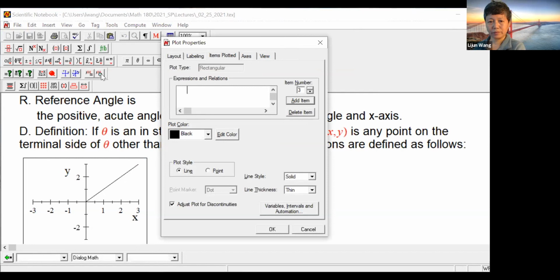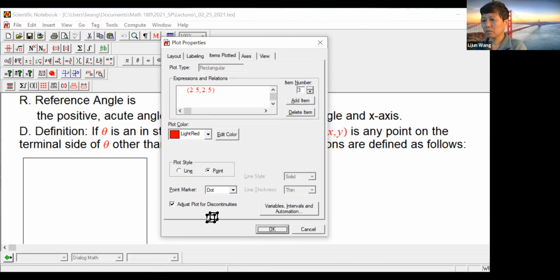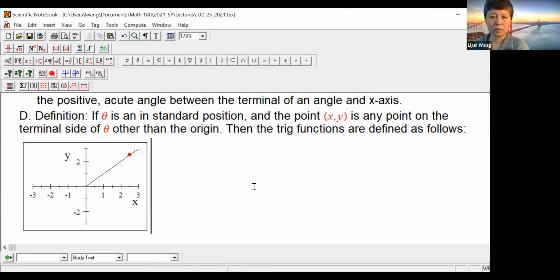Arbitrary point. Your point can be here. You can choose a point over here, or over here, or here.